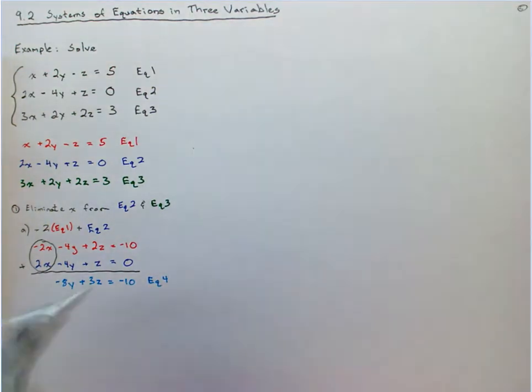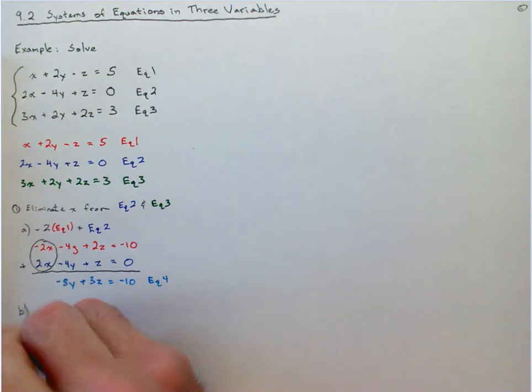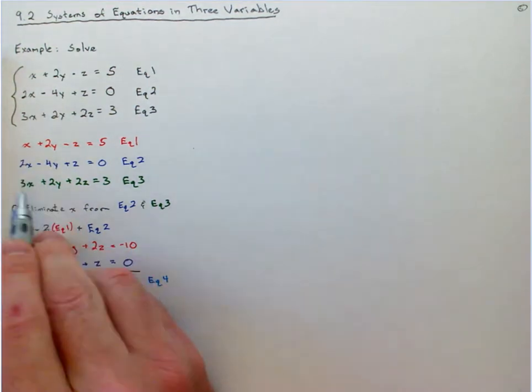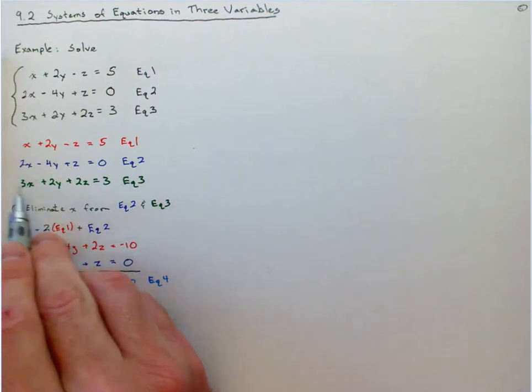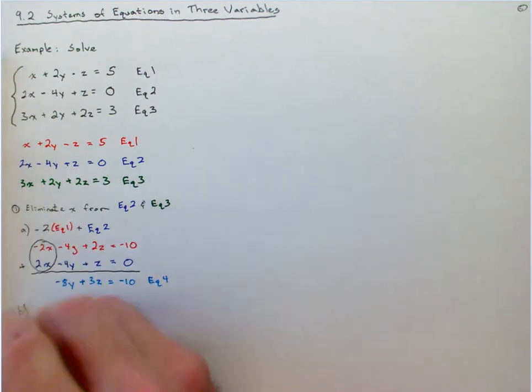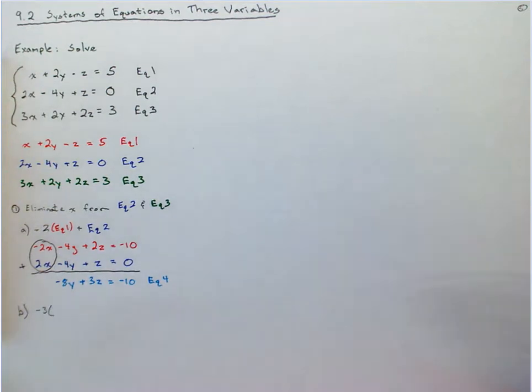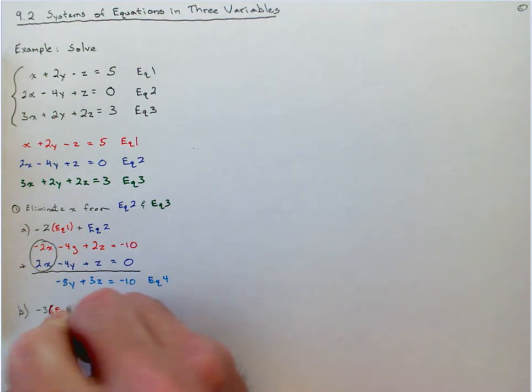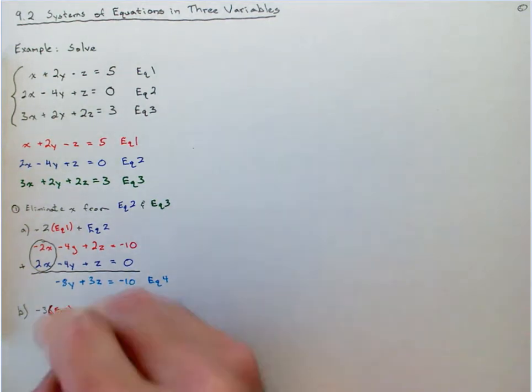So for part B, I need to multiply by -3. I need to eliminate that, so I need to make an opposite. So I'm going to multiply equation 1 by -3, and I'm going to add that to equation 3. Equation 3 is green.